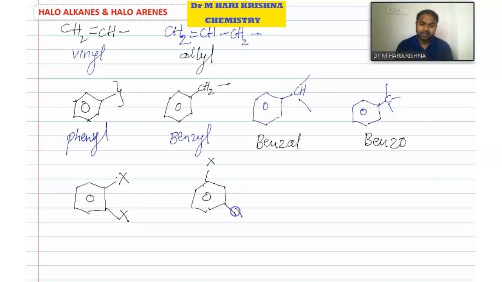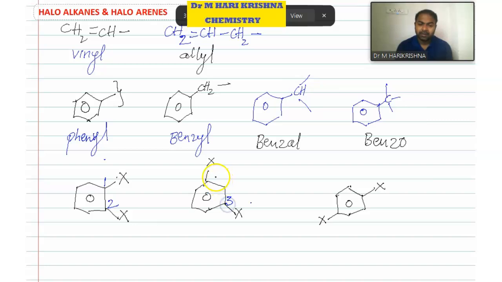X means halogen, students. Actually here, in case of IUPAC, we can mention 1,2, 1,3 like that. But we are discussing common names.